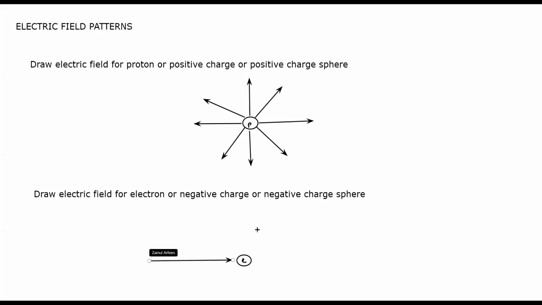It is towards, or into, because the direction of electric field means the direction in which a positive charge would move. That is called the direction of electric field. This is if they say negative charge.